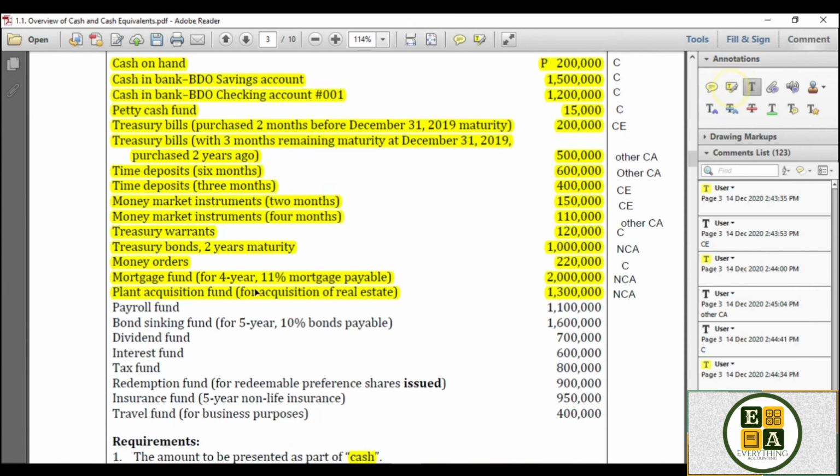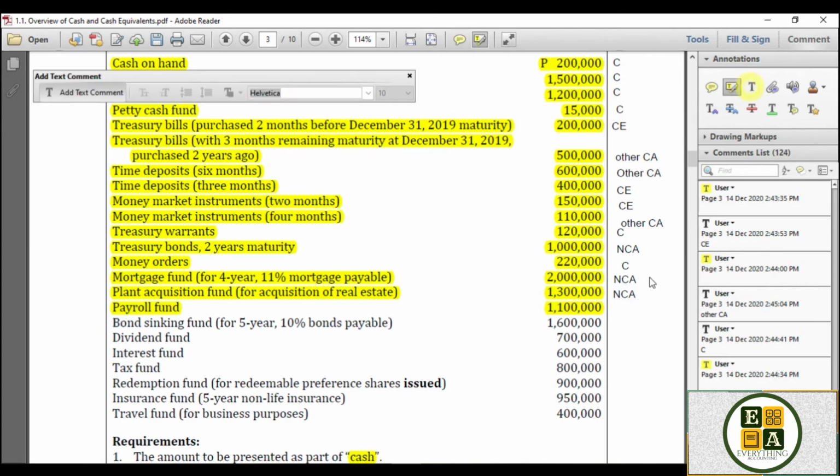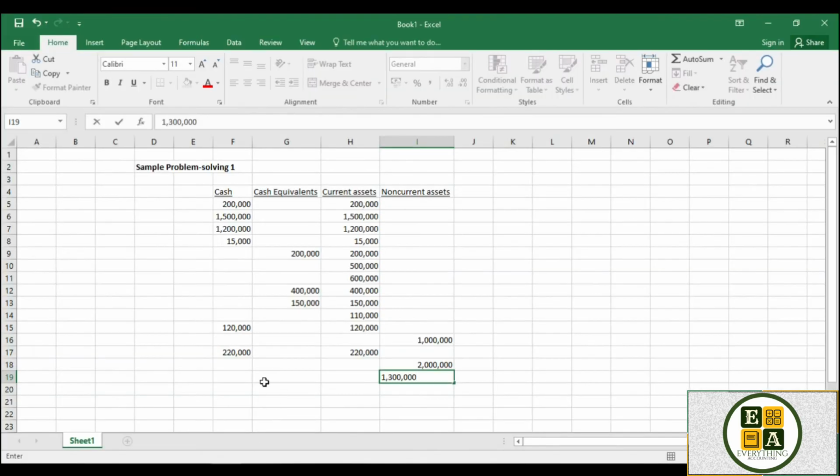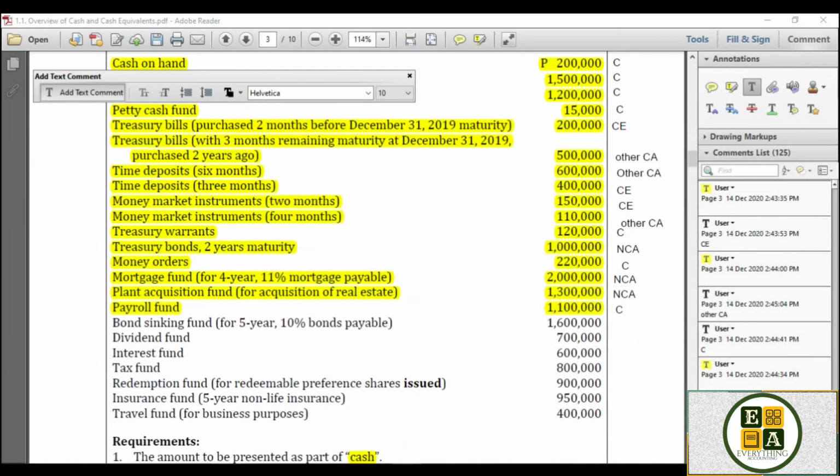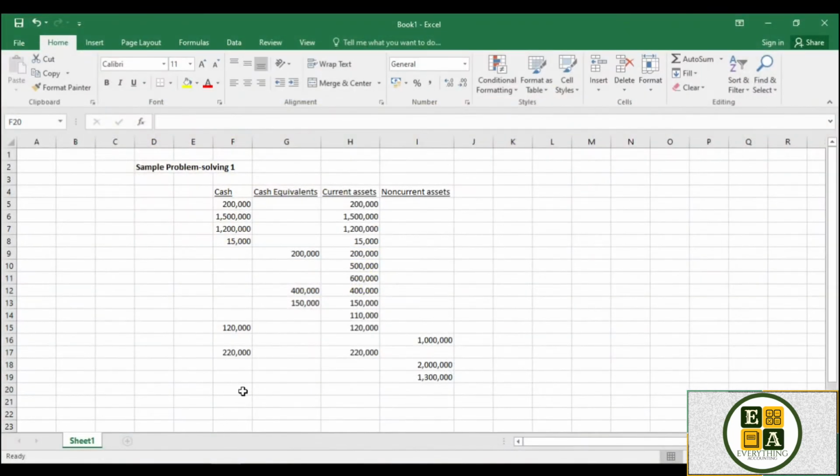Pag sinabing payroll, part of cash. General cash fund. So, cash, letter C. So, papasok siya as cash. Kano ulit yun? 1,100,000. Papasok din as current asset.